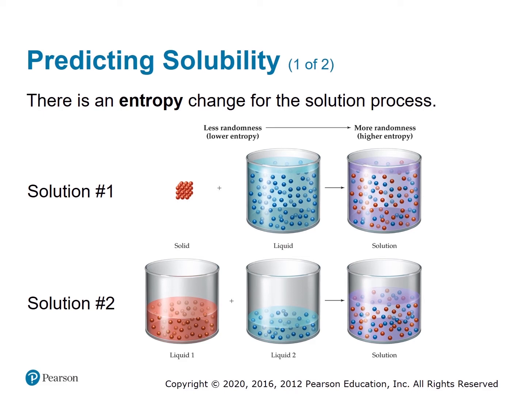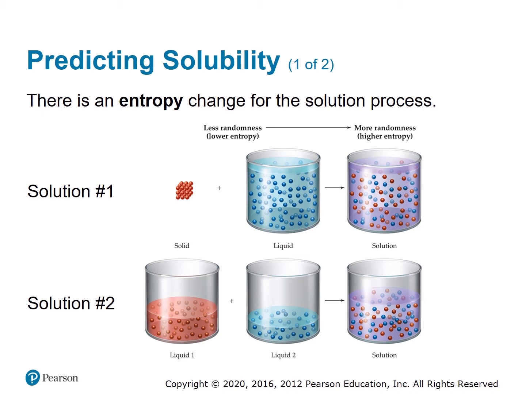We're starting with two pure substances, and especially in the case of the solid, the particles are organized in a very ordered fashion. After the solid dissolves, we have a randomized dispersion of different solute and solvent particles, so almost any process that forms a solution by dissolving a solid into a liquid will involve an increase in entropy.